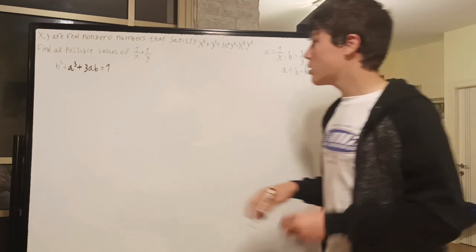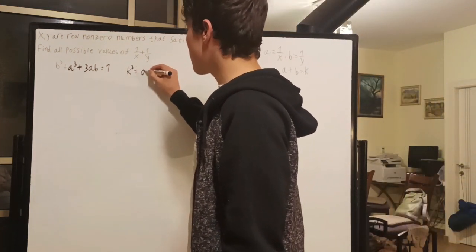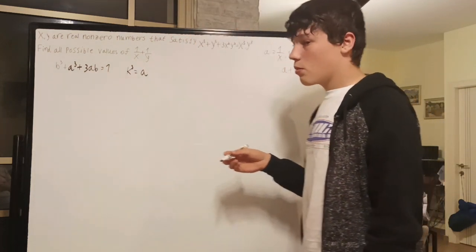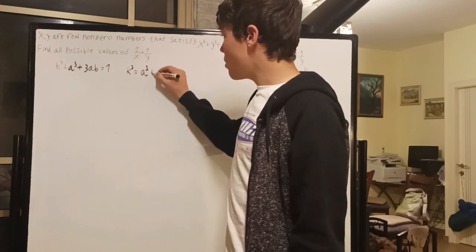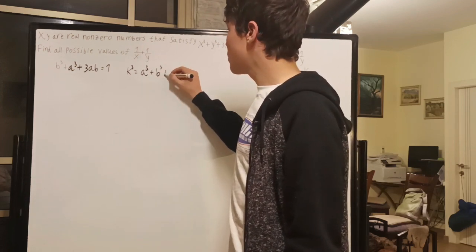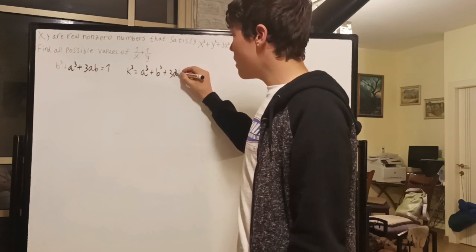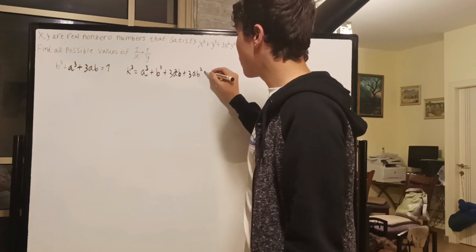So let's think about what is k cubed. So that's a plus b all cubed, and we're going to factor that. So we have a cubed plus b cubed plus 3a squared b plus 3ab squared.